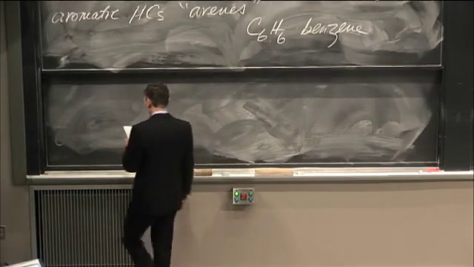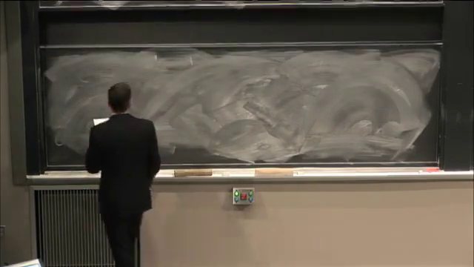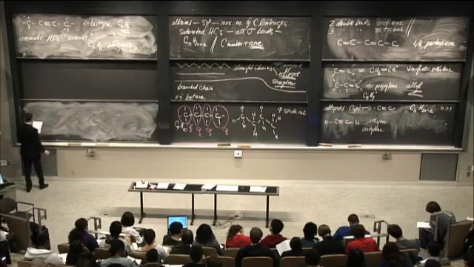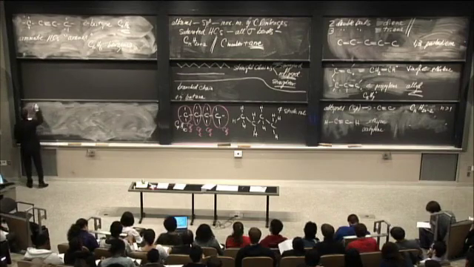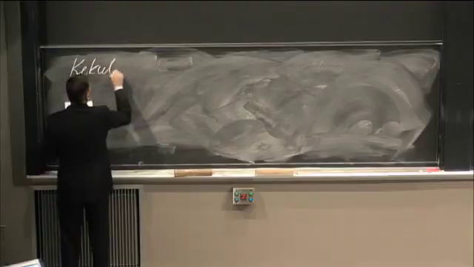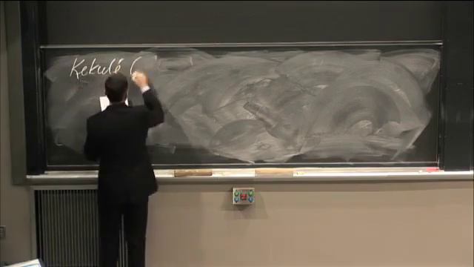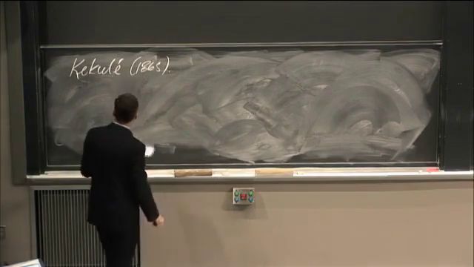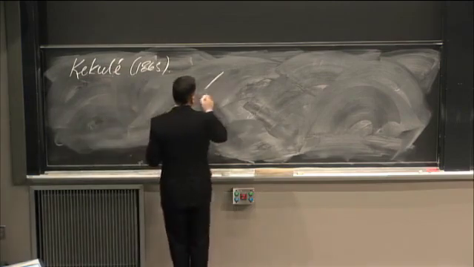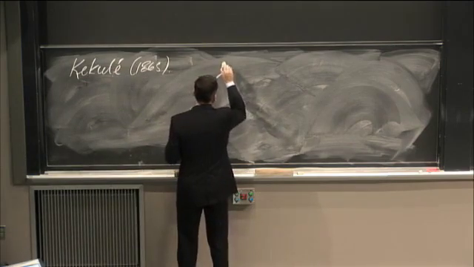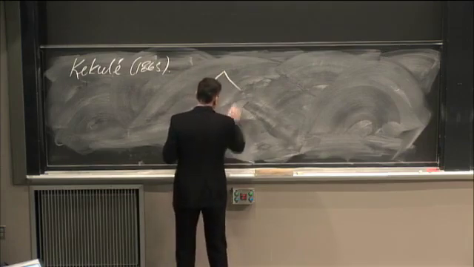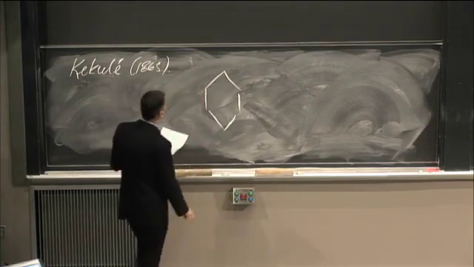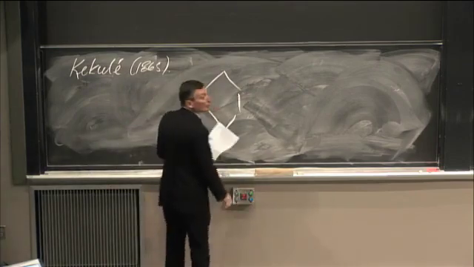The molecular weight of benzene was determined long ago, in the early 1800s, and it was Kekulé who in 1865 dared to suggest that the chemical structure of benzene was a ring structure.